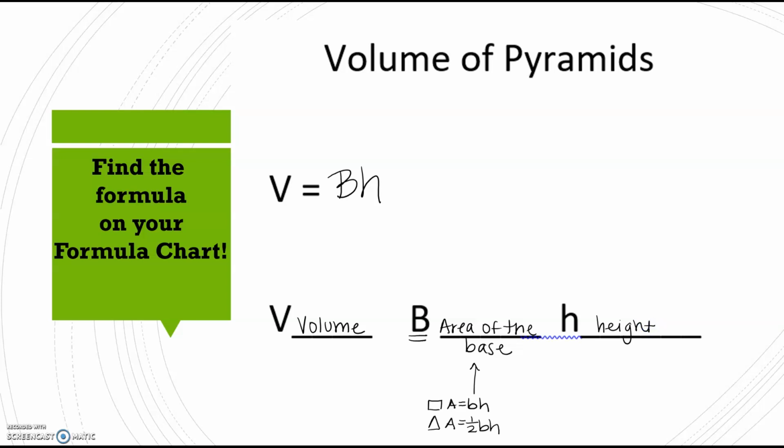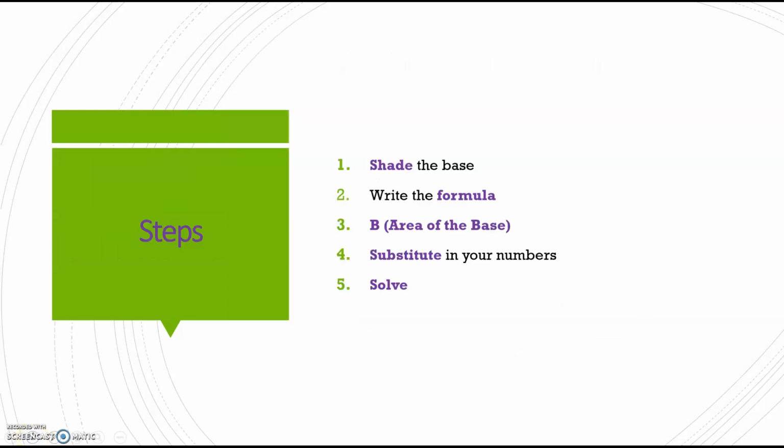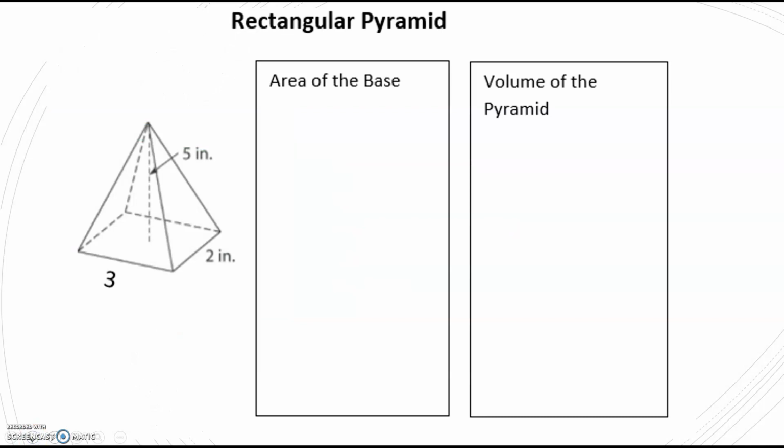So in this case, the pyramid. All right, so our steps are we're going to shade the base. We're going to write the formula. We're going to calculate the area of the base. Then we're going to plug in our numbers and solve it. All right, so let's look at our rectangular pyramid.